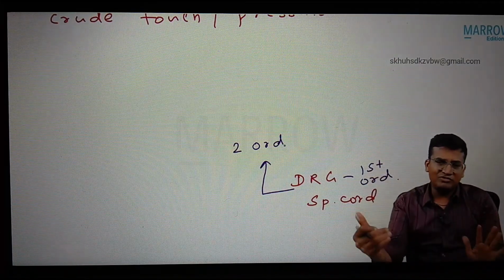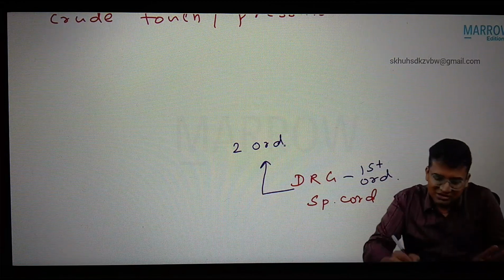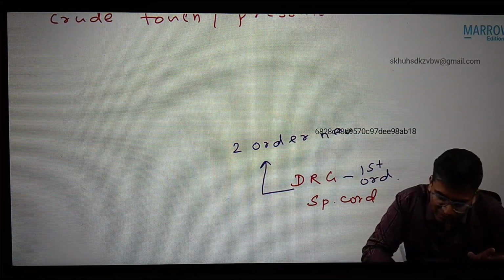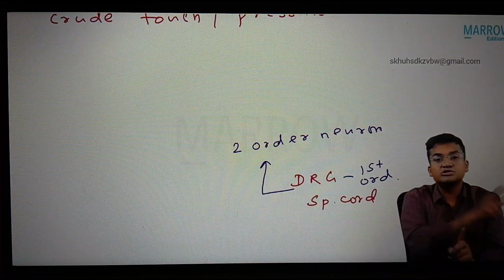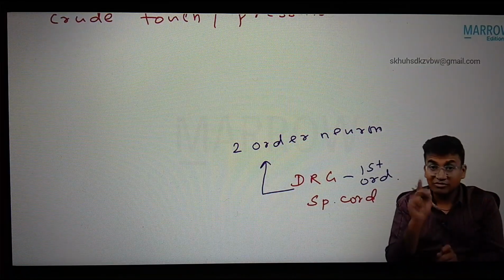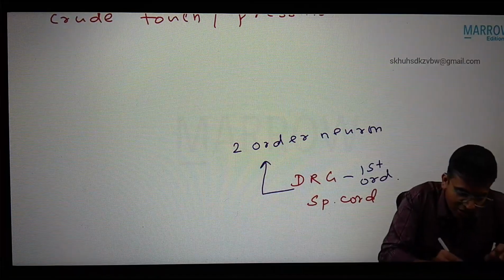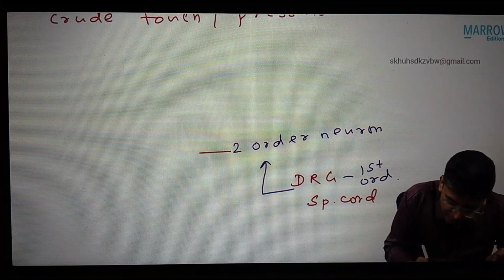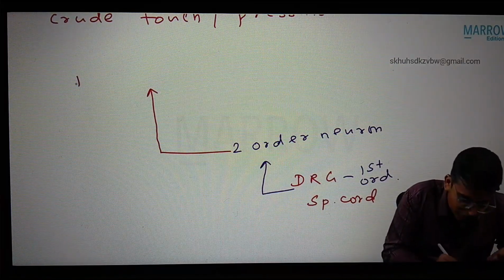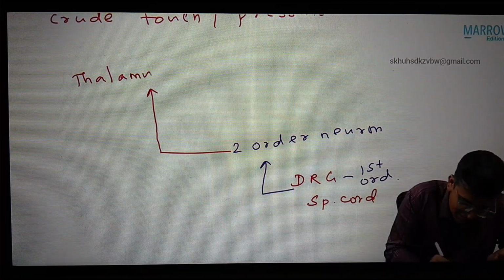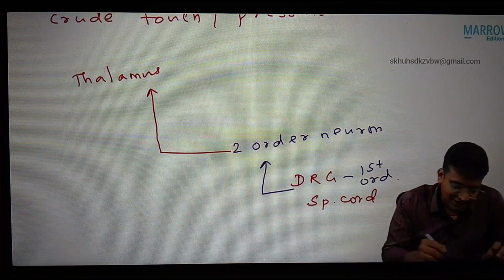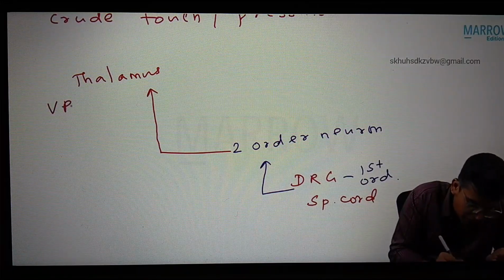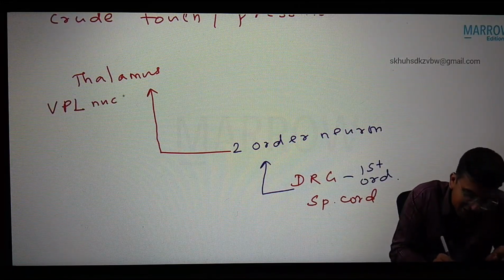Please remember, fibers from the second order neuron cross to the opposite side, and then go up to the thalamus. In the thalamus we have a nucleus. Which nucleus? VPL nucleus, ventro-postero-lateral nucleus.